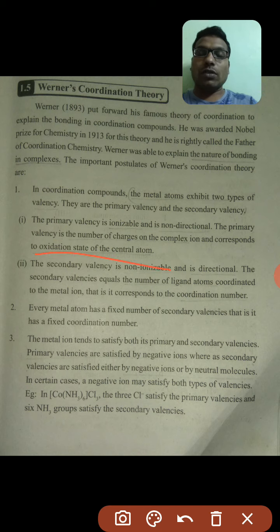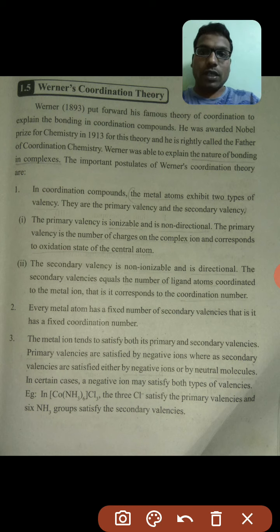The first thing we should remember is that it is ionizable, and second, it is non-directional. Generally, the primary valency is represented with a dotted line.